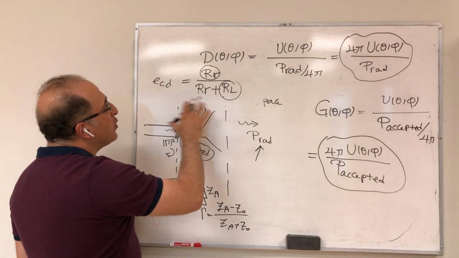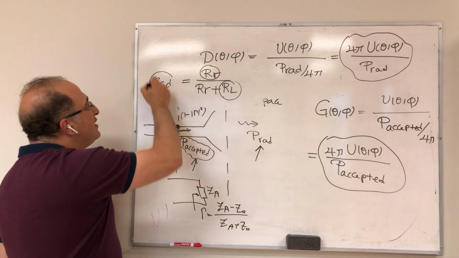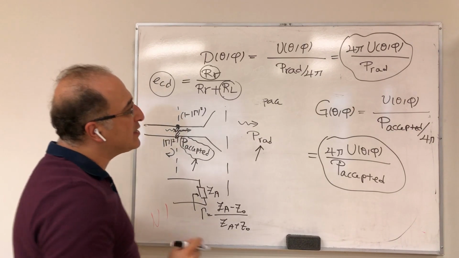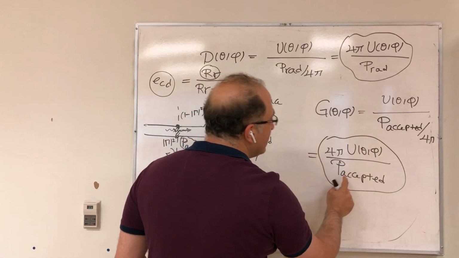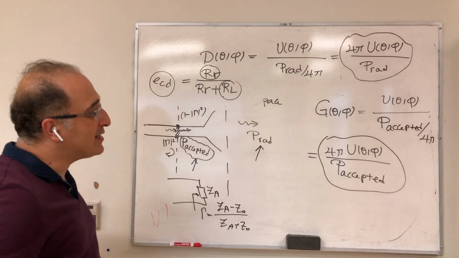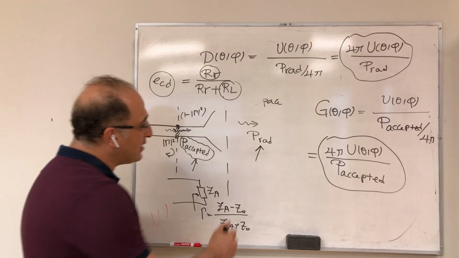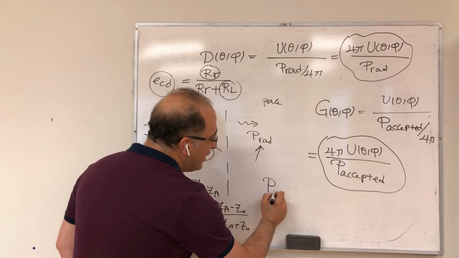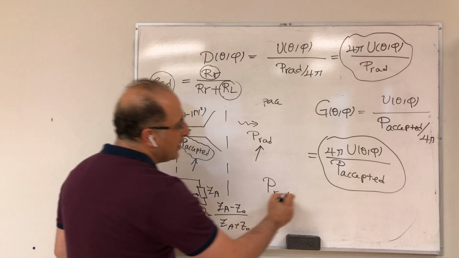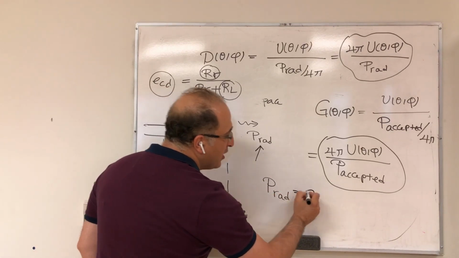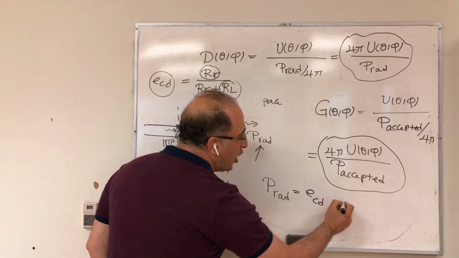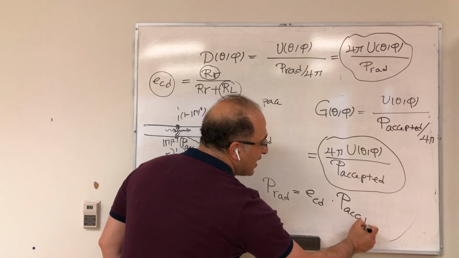So immediately you see that this radiation efficiency is something that connects P radiated to P accepted. So in fact, you can say P radiated by the antenna is equal to radiation efficiency times P accepted.